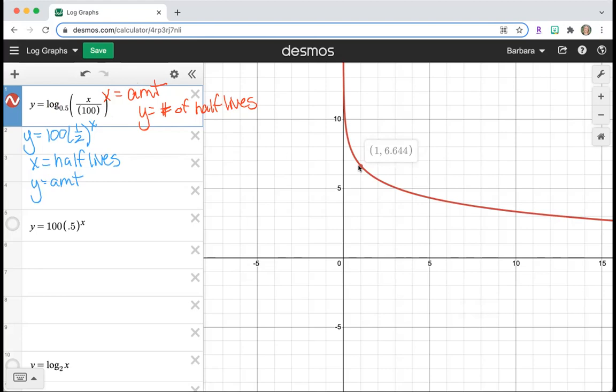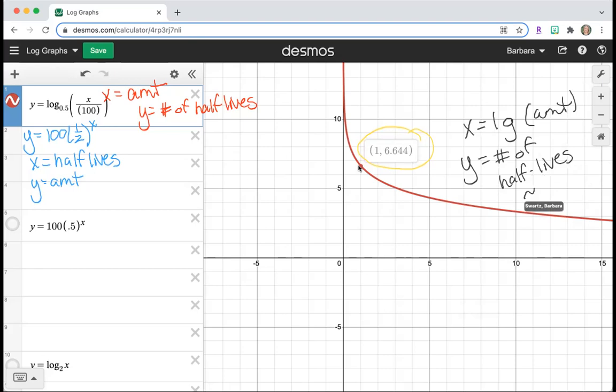This number right here is saying, right, my x is my 1 gram, my amount, and here my y is the number of half-lives, which is about 6 6/10, or if you want 6.64, either way you want to write it. That's what this point is telling us right here. And every time I take my finger off the cursor, it disappears. So that's how we can read this graph.